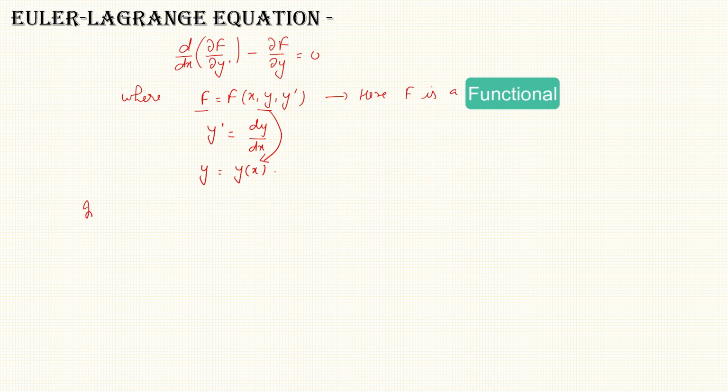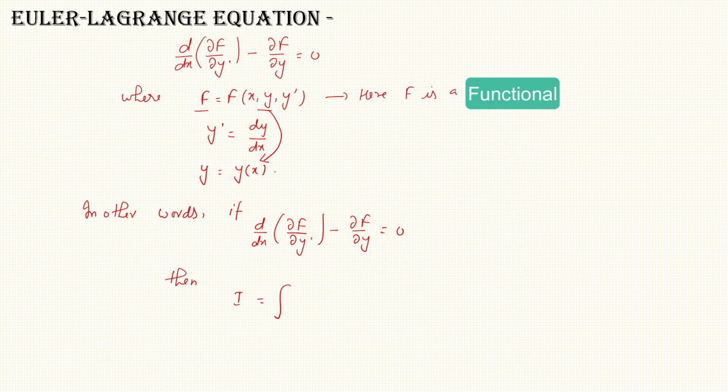In other words, we can say that if d/dx of (∂f/∂y′) minus ∂f/∂y is 0, then the integral I is equal to the integral of f(x, y, y′) dx will be an extremum.